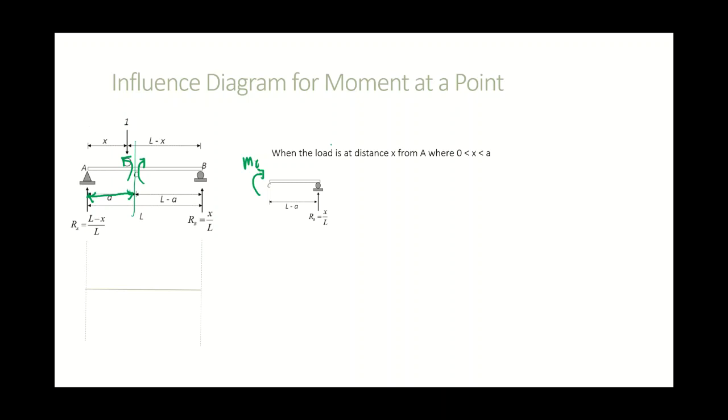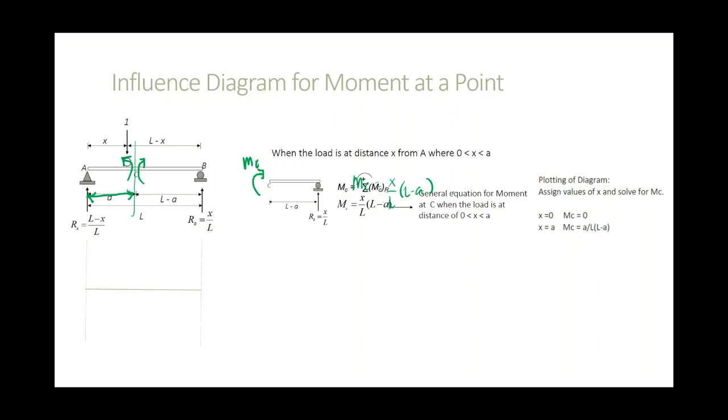So, to compute for your MC, diba, we have MC, opposite direction, so positive X over L, times the moment arm, L minus A. Tapos, same lang. At X is equal to 0, tapos at X is equal to A, you will get the value of your MC, which is this. Next naman, limit mo is A to L, or ito, A to L. So, we will use the left side.